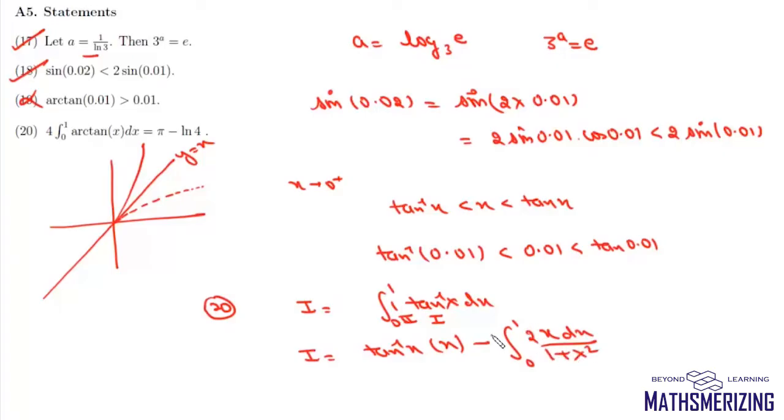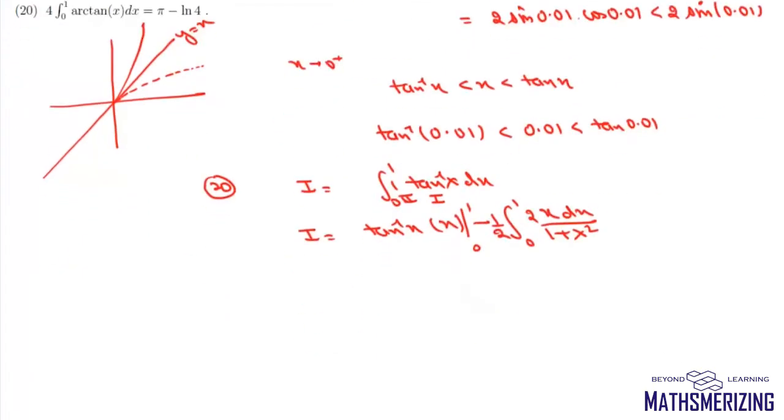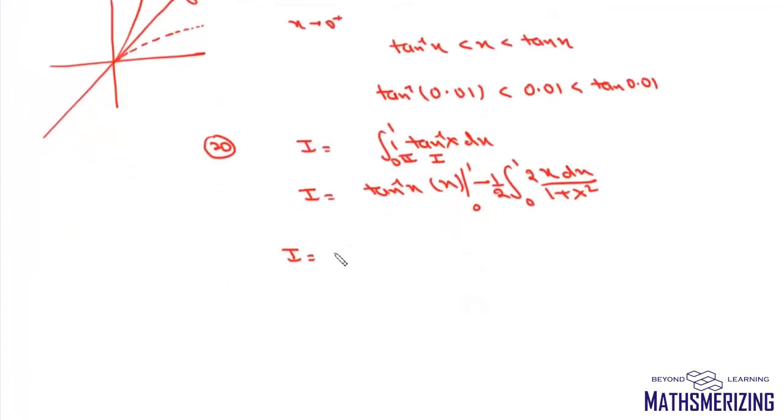Now we'll multiply and divide everything with 2. Here we'll put this limit from 0 to 1. Now this I is tan inverse 1. Tan inverse 1 is pi by 4, and then 1 minus 0, and then minus 1 by 2 log 1 plus x square from 0 to 1.